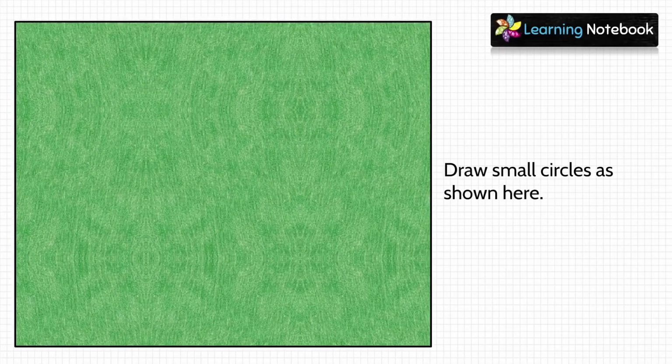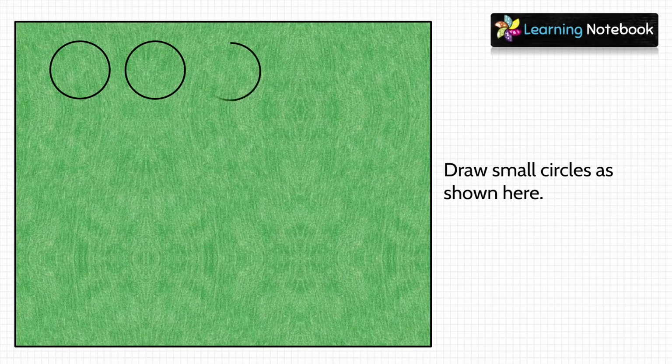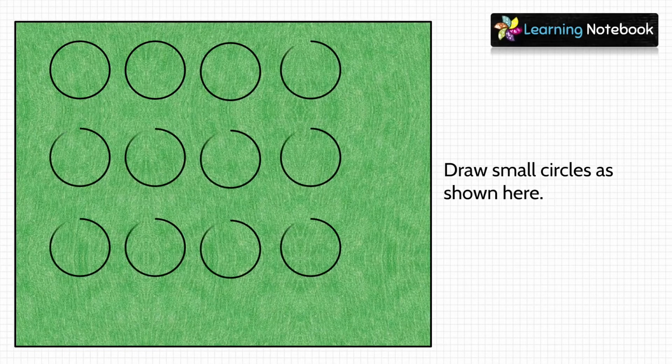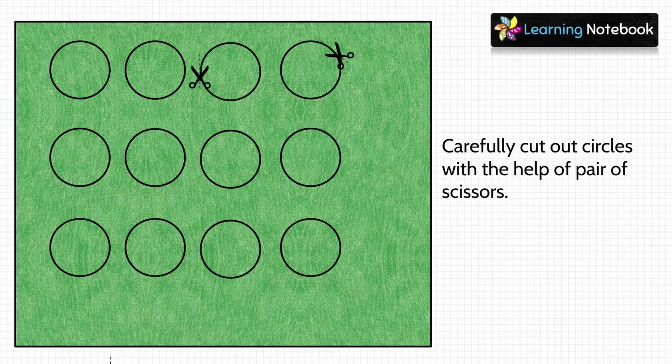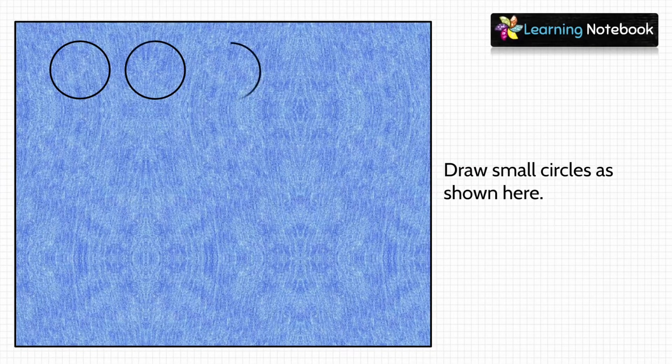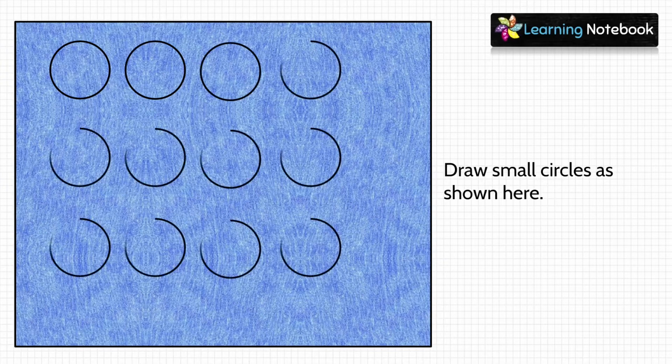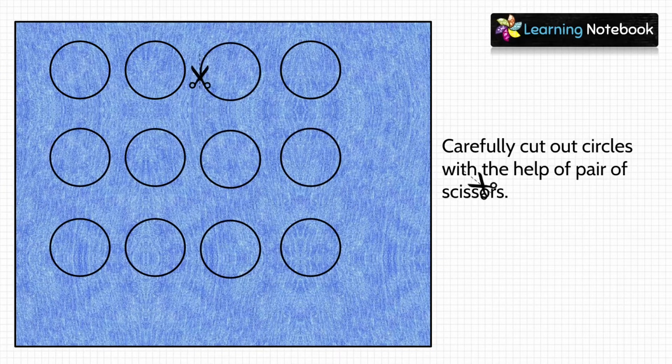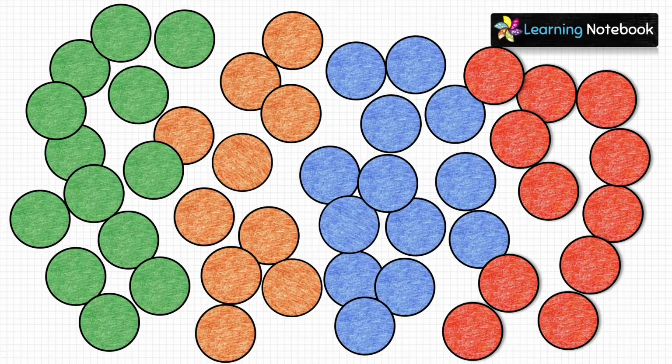In the same way, we have to draw and cut out small green circles. And then we will draw and cut out small blue circles. So students, we have cut out green, orange, blue and red circles.